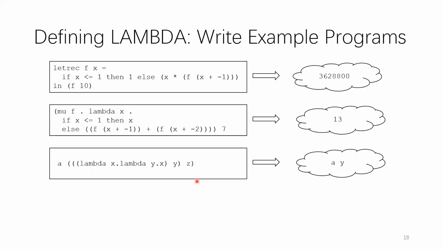If we apply beta reduction without alpha renaming, we'll get lambda y dot y. So now y is captured, and then apply to z, which equals z. So this test program makes sure that we have the intended capture avoiding substitution correctly implemented in the semantics. So these are the three example programs of Lambda.